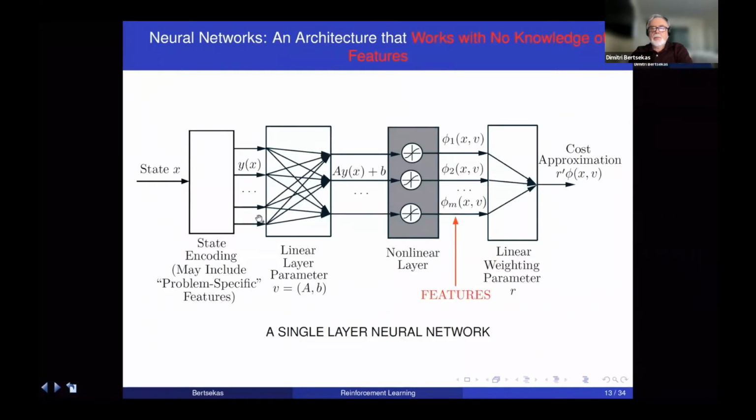We may want to scale y so that it falls within a certain bounded region, like scaling between 1 and -1, for example, so as to facilitate the training process. So there may be problem-specific and also algorithmic related issues associated with the construction of this y of x.